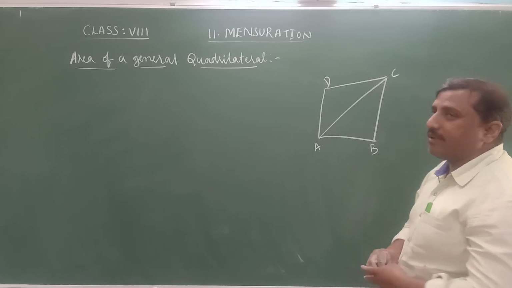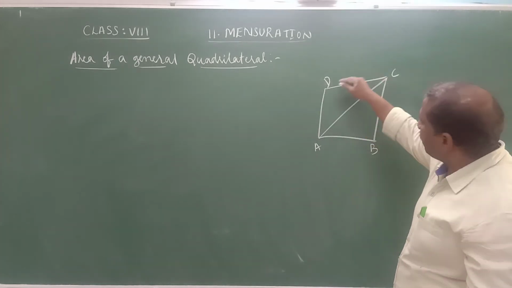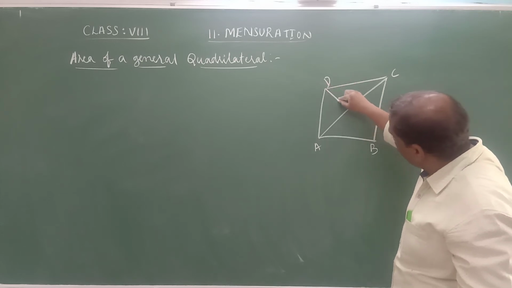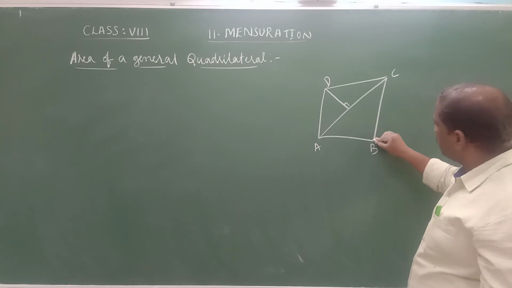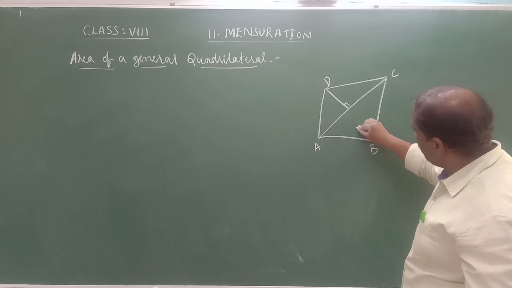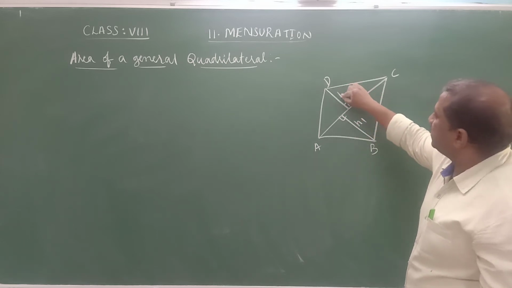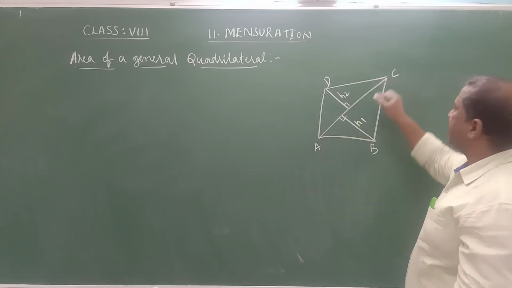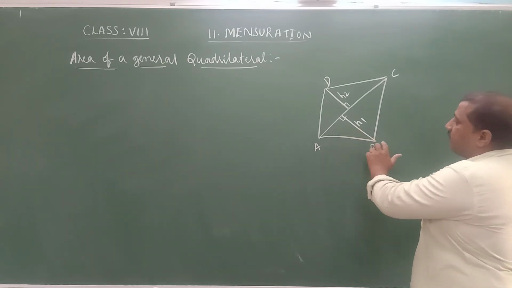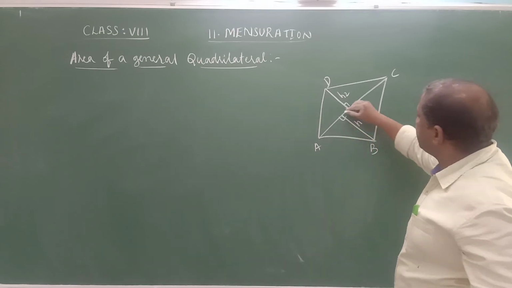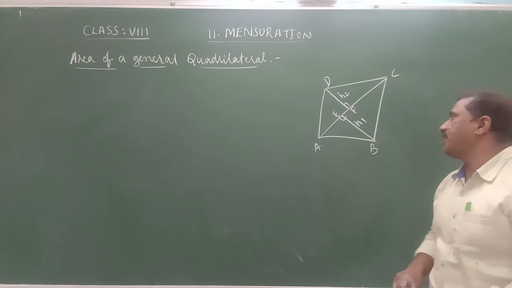Taking AC as the base, that is the diagonal of quadrilateral ABCD, from point D draw a perpendicular, that is an altitude, and from point B also draw an altitude. Let these be H1 and H2. AC is the base for both triangles. Let the two perpendiculars from point B and D meet AC at E and F.